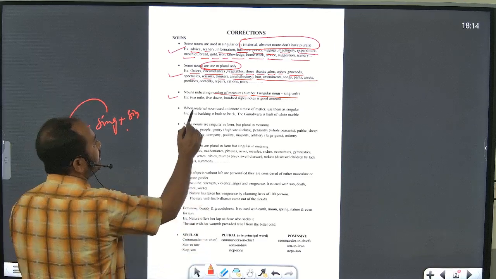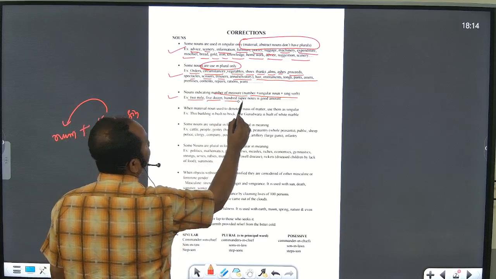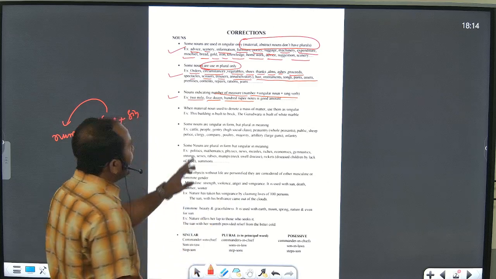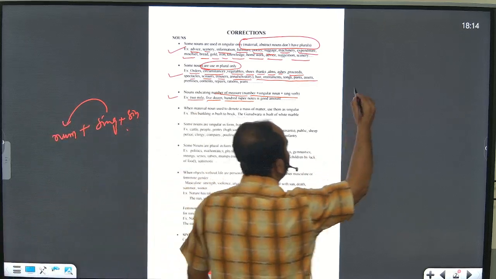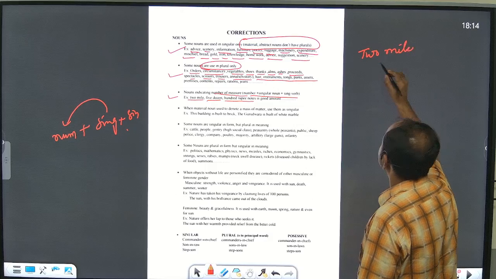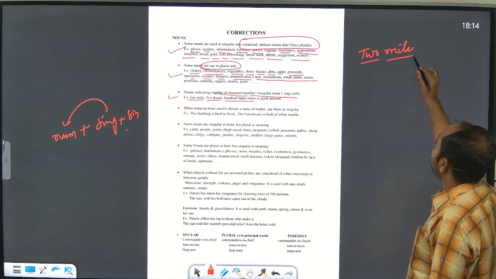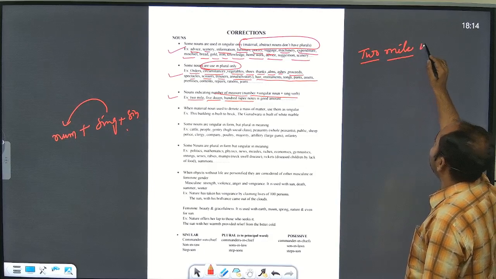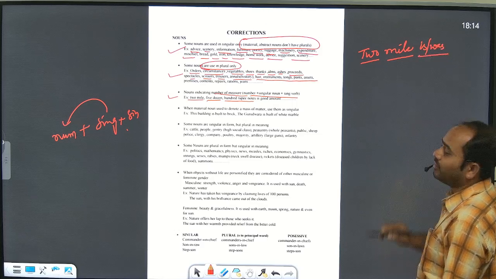Okay, so 2 mile, 5 dozen, 100 rupee notes. Here 2 mile is written. As per the structure, 2 is the number and this noun is singular. So automatically we should use is or was. Only a singular verb we should use.